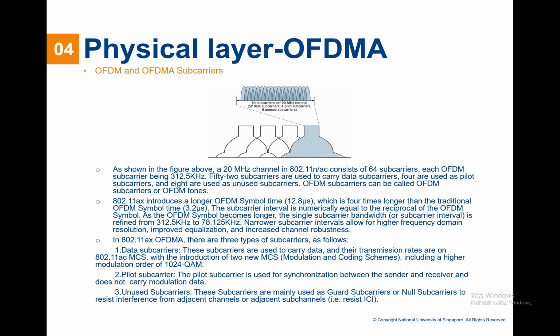As the OFDM symbol becomes longer, the single subcarrier bandwidth or subcarrier interval is refined from 312.5 kHz to 78.125 kHz.